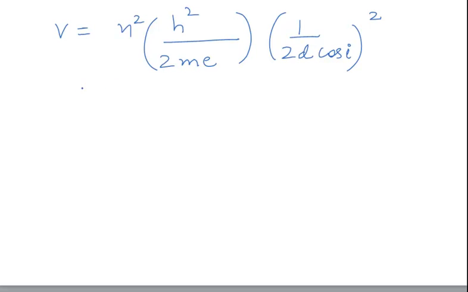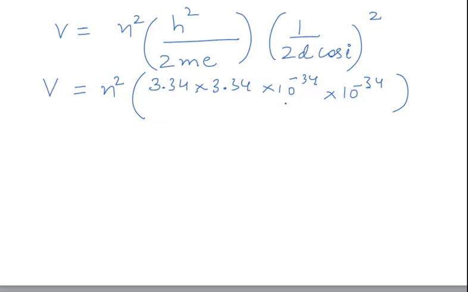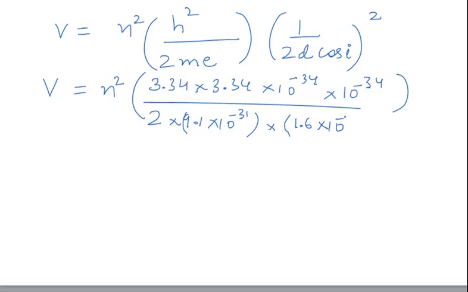Okay, now if you substitute the values, V is equal to n squared, h squared is 3.34 into 3.34 into 10 to the power minus 34 into 10 to the power minus 34, upon 2 into 9.1 into 10 to the power minus 31, that is the mass of electron, into 1.6 into 10 to the power minus 19, and 2 squared becomes 4.